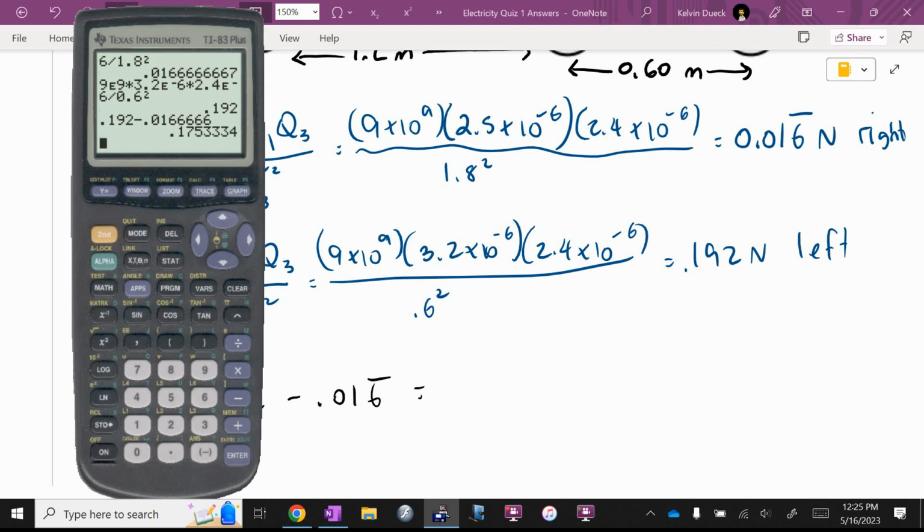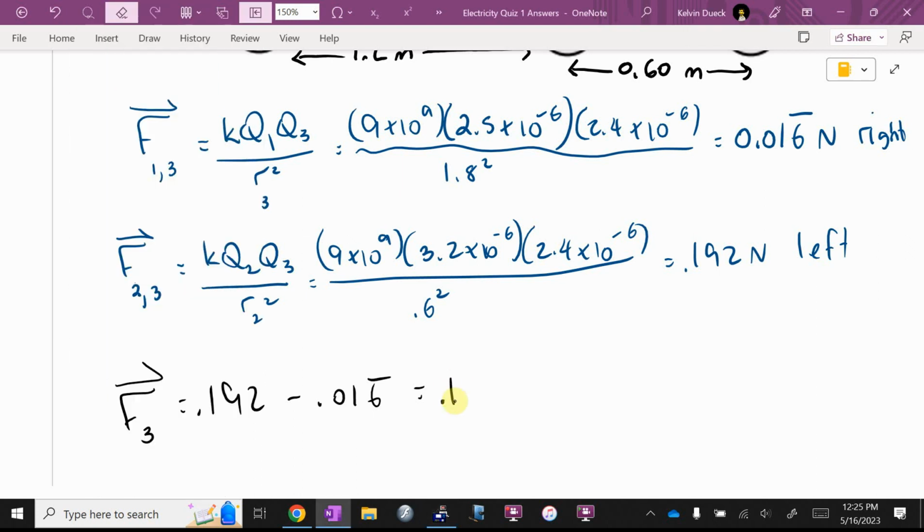And I get 0.175 newtons. Is that right, folks? Direction, who won? Left. In other words, if I was holding all 3 of those charges in place and I suddenly let Q3 move, which way would it accelerate? Left.